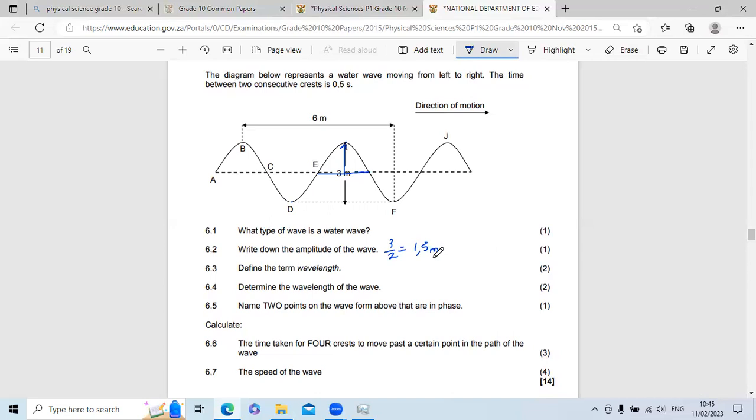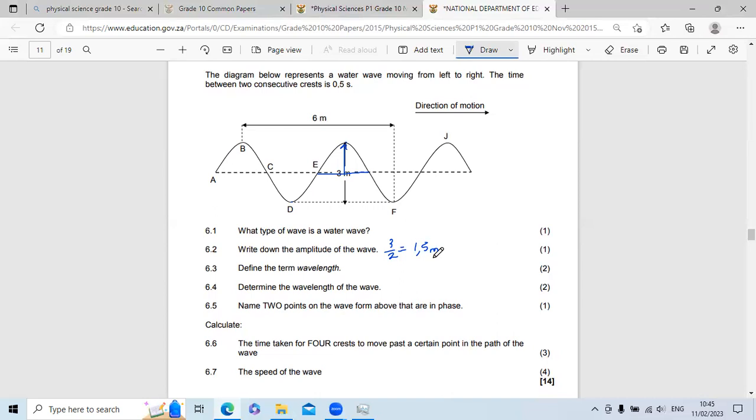Do you understand why I'm dividing this? Yes. Okay.